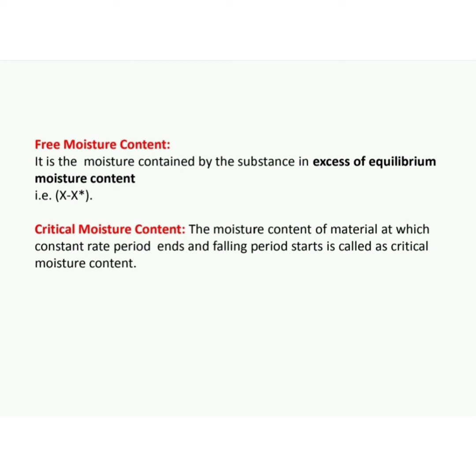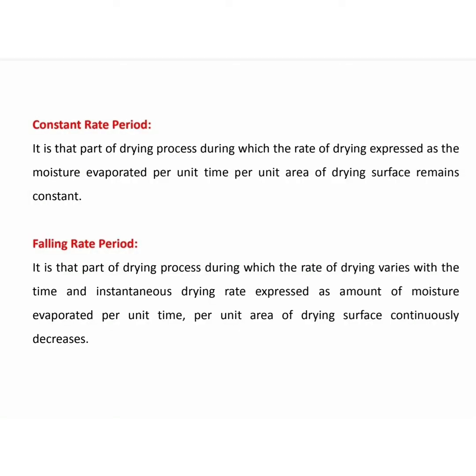Critical moisture content. The moisture content of material at which constant rate period ends and falling rate period starts is called as critical moisture content. Constant rate period. It is that part of drying process during which the rate of drying, expressed as the moisture evaporated per unit time per unit area of drying surface, remains constant.